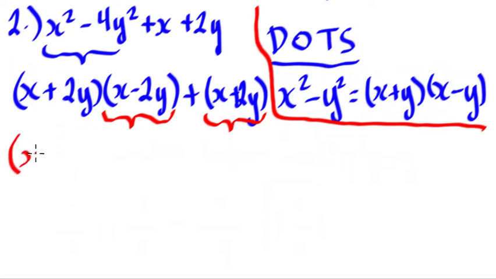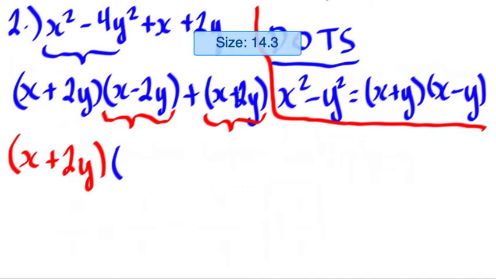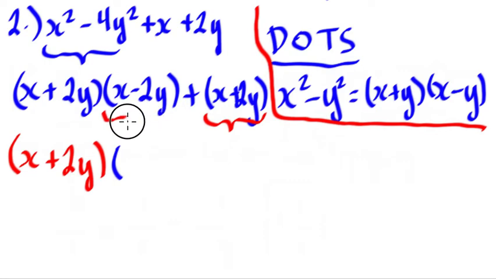So x plus 2y is common, times the group of, oh sorry, not this one. This is x minus 2y. My bad. Let's erase that one. Instead, it will be this. I'm sorry about that.